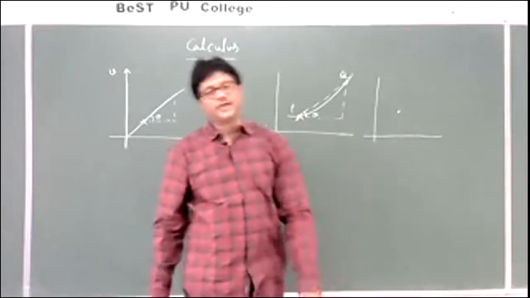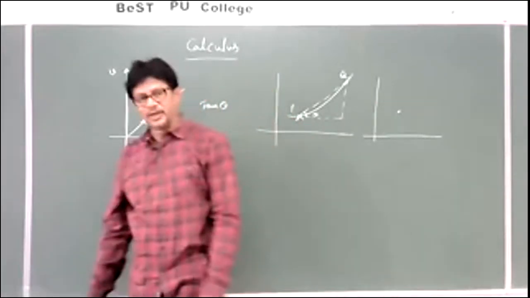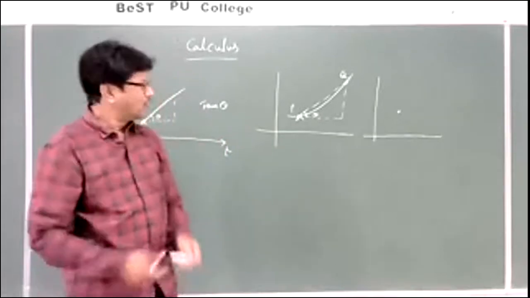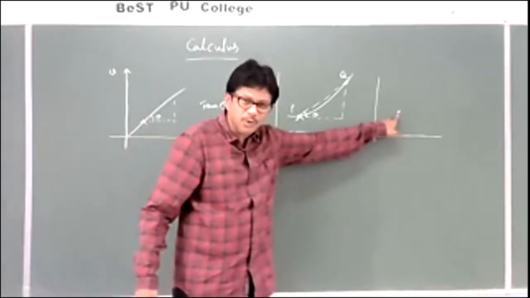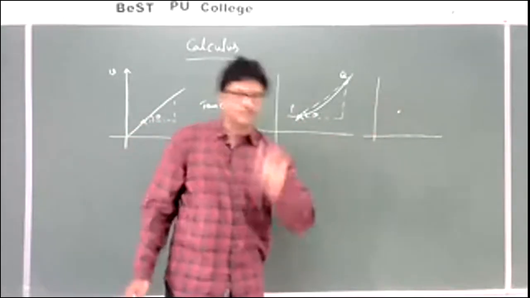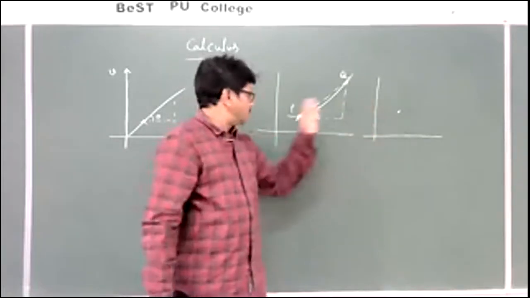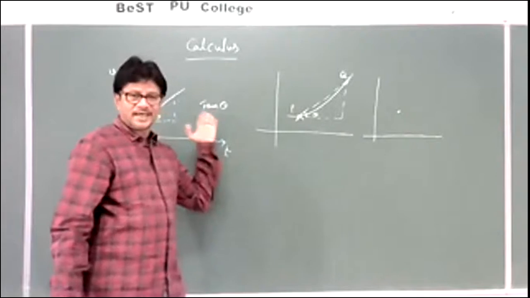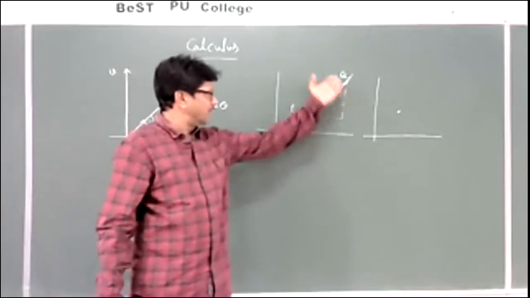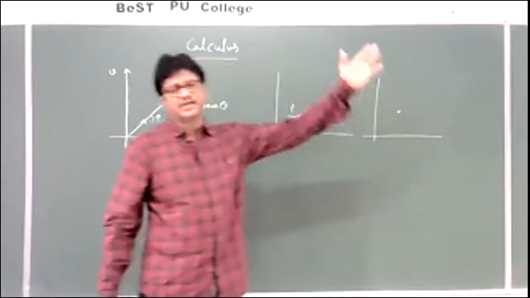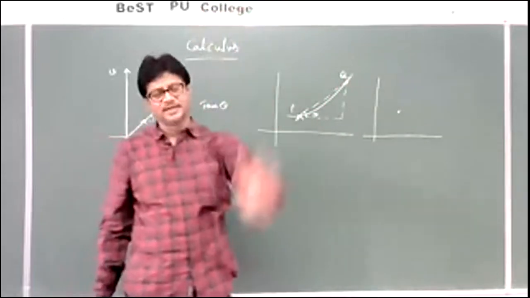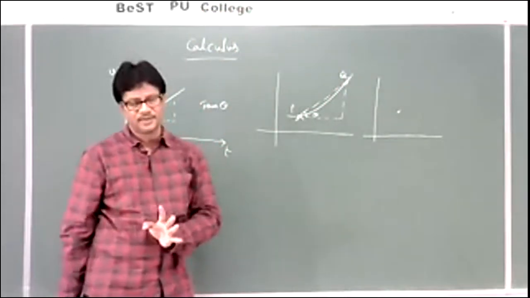Now I would like to find the slope there. How to find the slope of this small minute curve? So if you want to use the tan theta function, we need a right angle triangle. Here I cannot construct a right angled triangle.